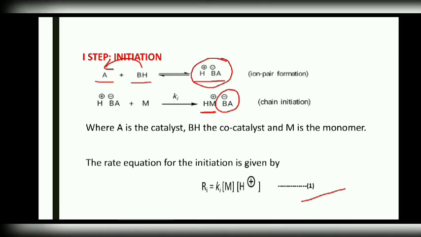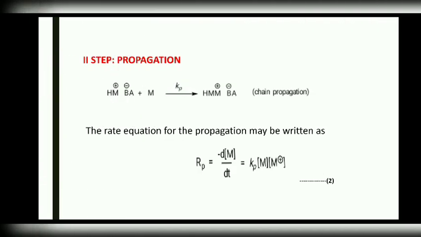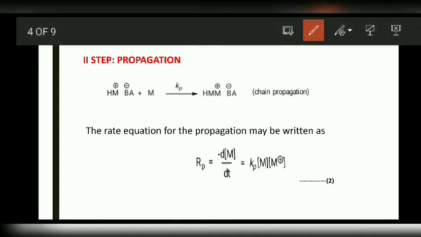Then the second step is propagation. What happens in propagation? Here the successive addition of monomers to the carbonium ion which is formed in the initiation step takes place, right? So, the monomer gets added successively to form a longer chain.